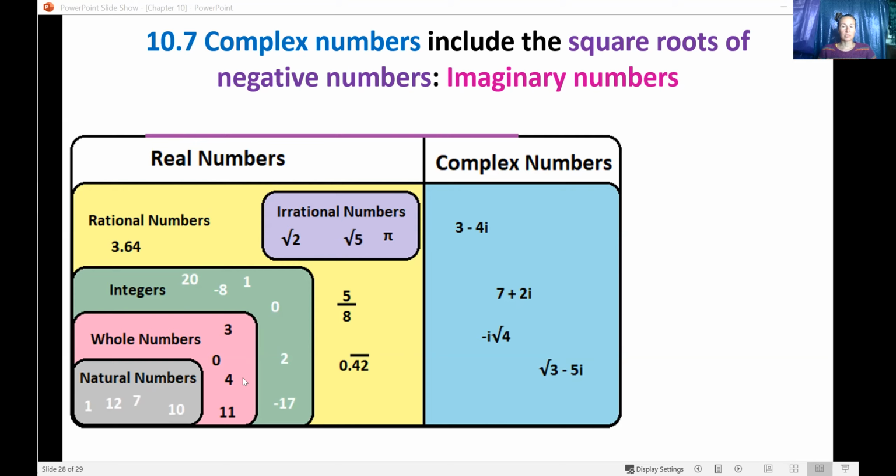They're all real numbers. But now we're going to add to that another type of number, and that is where part of our number has the square root of a negative, specifically the square root of -1. These are called complex numbers because they are real numbers and they have an imaginary part.